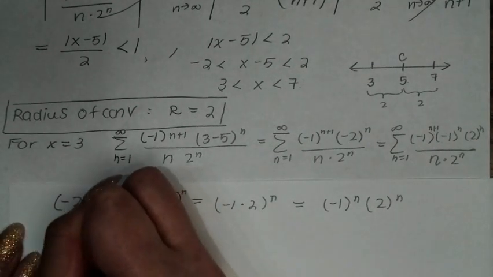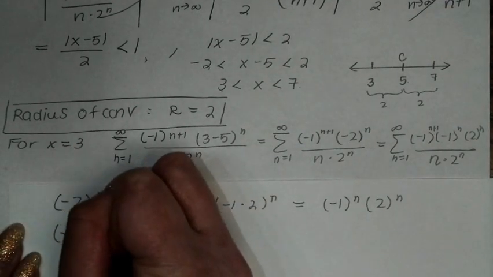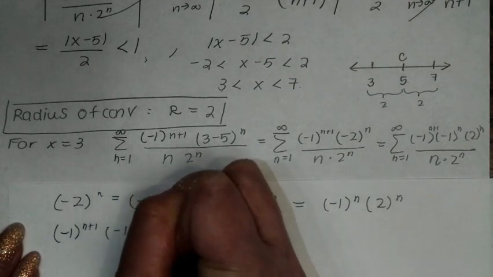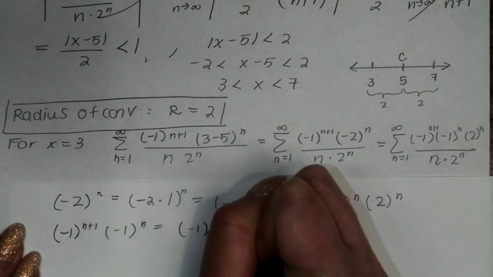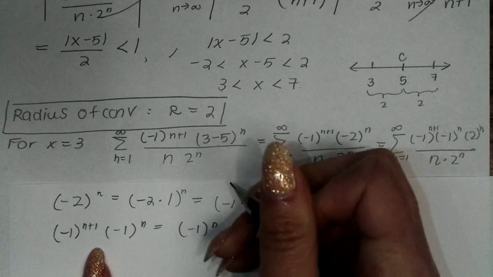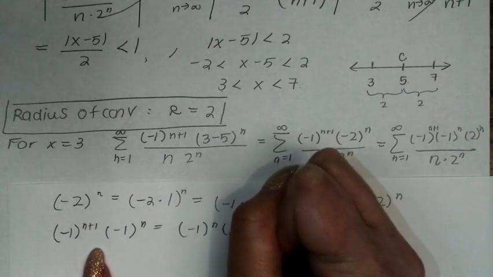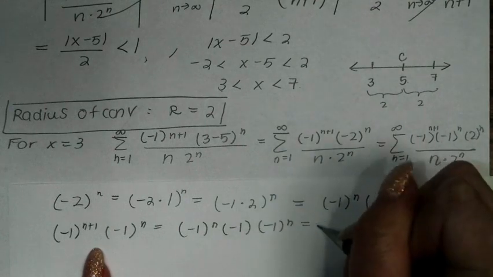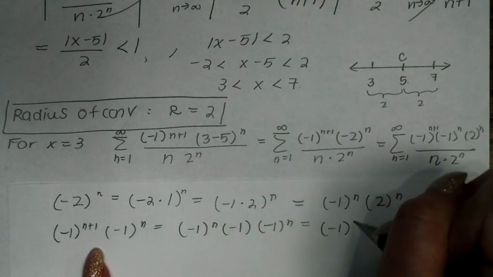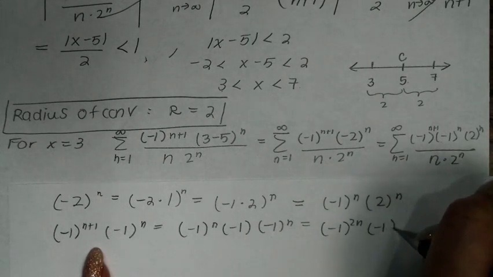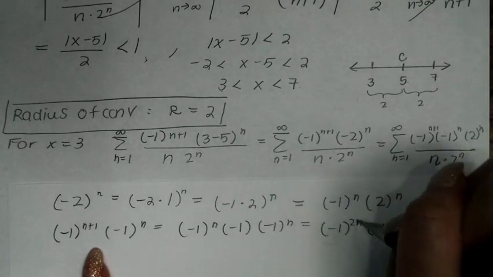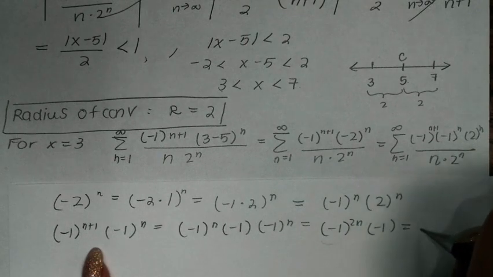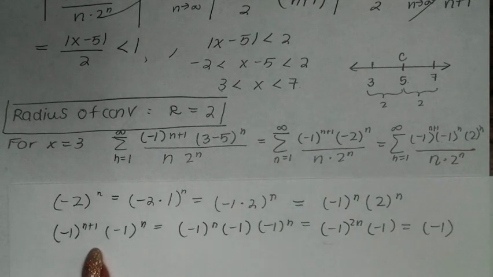Do you agree that negative 1 to the power of n plus 1 times negative 1 to the power of n is equal to negative 1 times negative 1 to the power of n times negative 1 to the power of n, which you do know that this is going to be negative 1 to the power of what? 2n times negative 1, which you know that this is going to be, since this is even, that's positive, so you have that this is just negative 1.